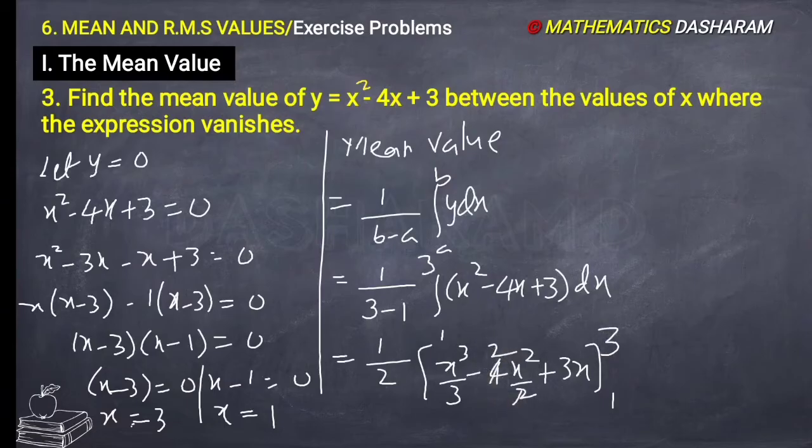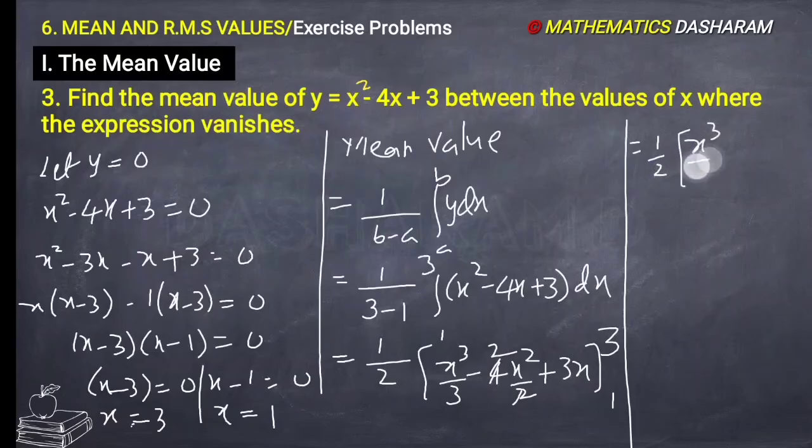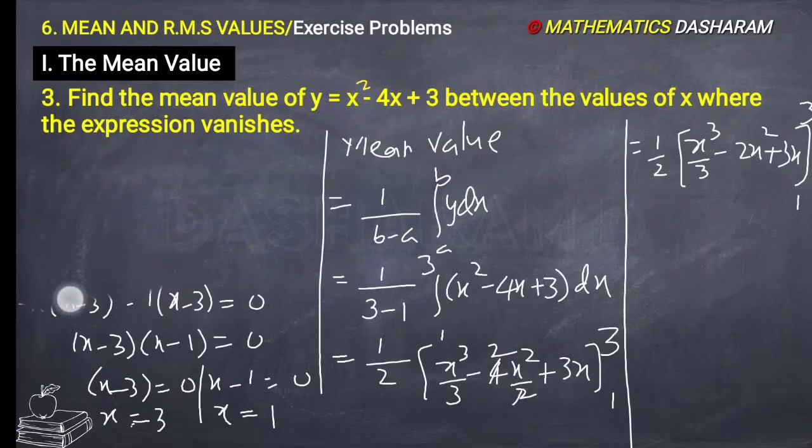So then it is equal to 1 by 2 integration x cube by 3 minus 2x square plus 3x, and the limits are 1 to 3. Now substitute the upper and lower limits.